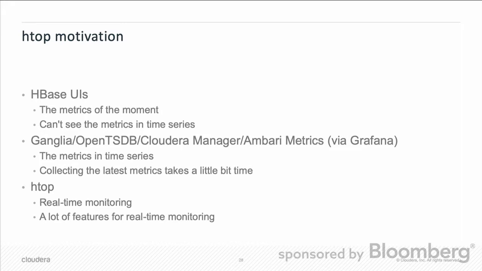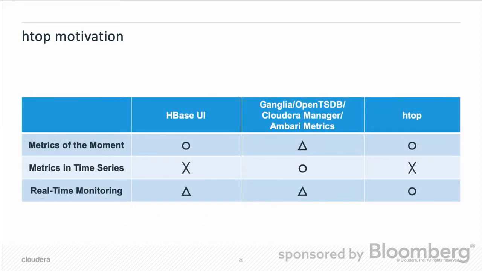For real-time monitoring, I have started to develop htop. I'll explain the features of htop later in this talk. To clarify the position of htop, I made this matrix of the features of those tools. If you just want to see the metrics of the moment, you can use any of them.